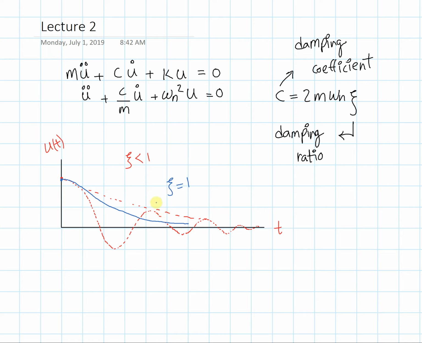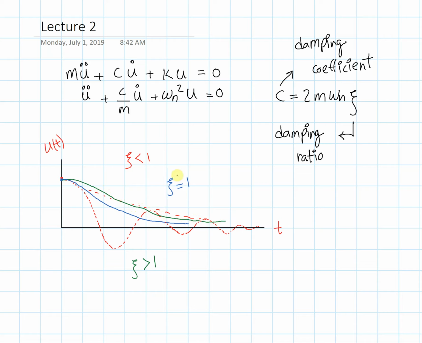Now, what if zeta is greater than 1? Okay, let's choose a different color. This time we're going to choose green. So zeta is greater than 1. Now, in such cases, we tend to go to the 0 position, but it may just take longer. So it may follow a trajectory that kind of looks like that.